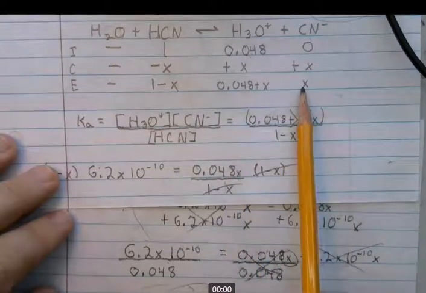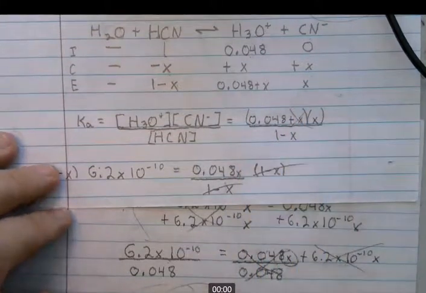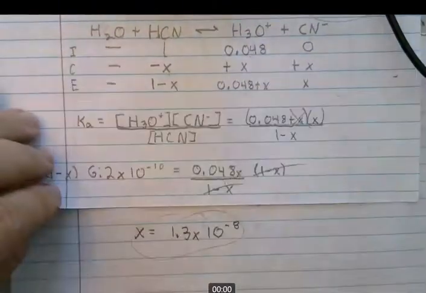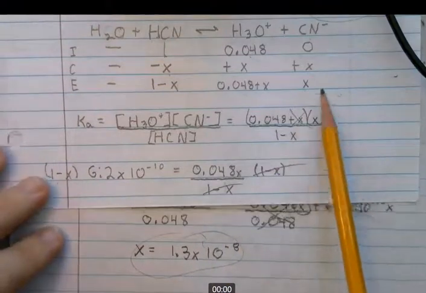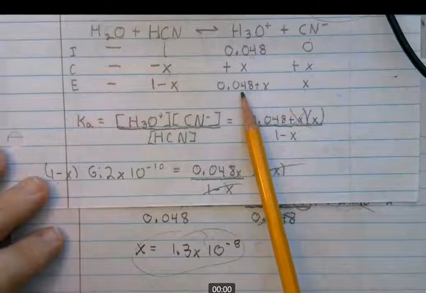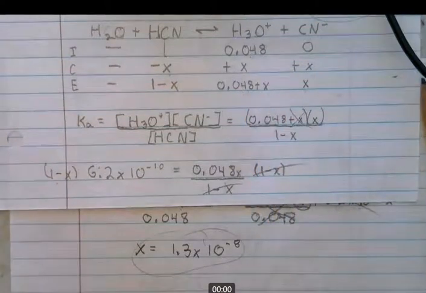That's the concentration of the CN minus is this number down here. It is that number for this x. But for this we have to add it to 0.0048.